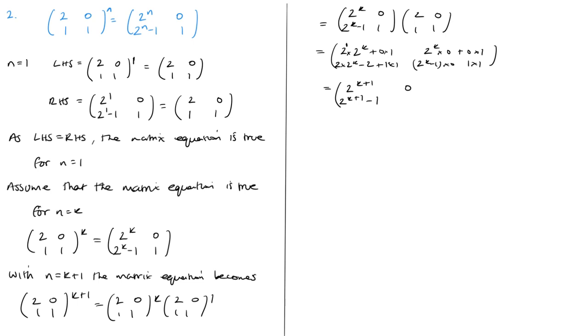And this is 0 plus 1, which is 1. Now this follows this pattern, isn't it? 2 to the n, 2 to the k plus 1, 2 to the n minus 1, 2 to the k plus 1 minus 1, and then this is 0, 1, 0, 1. Okay, so therefore the matrix equation is true for n equals k plus 1, and then my conclusion.